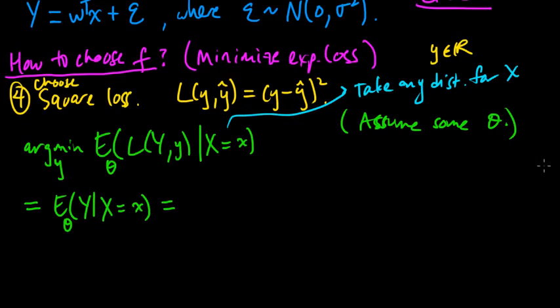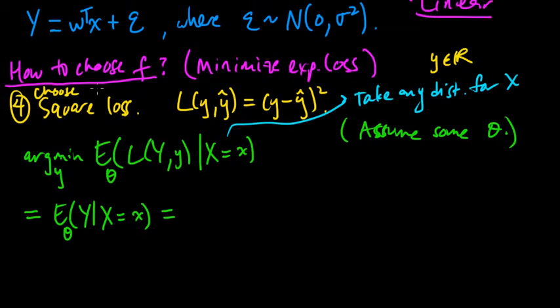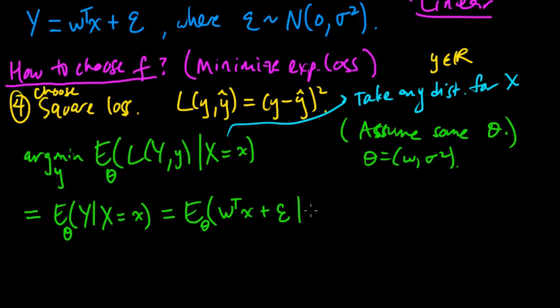And now let's plug in what y is. Theta is w and sigma squared. So y under this model is the inner product of w with x, the dot product, plus this epsilon, given x equals little x.